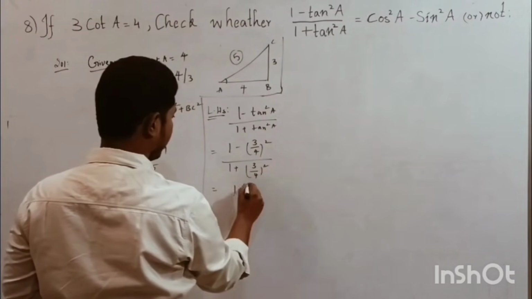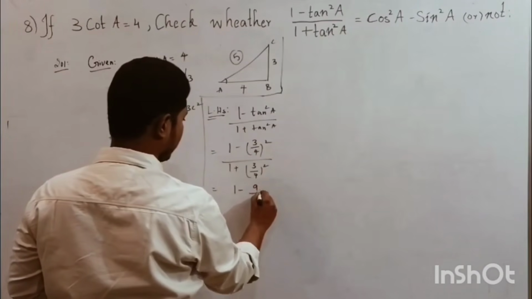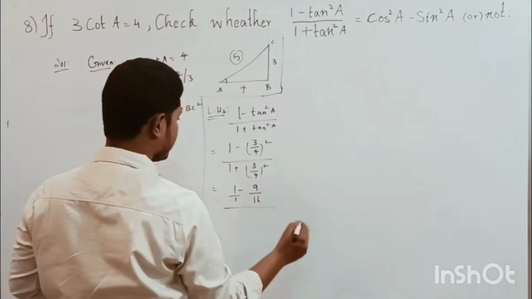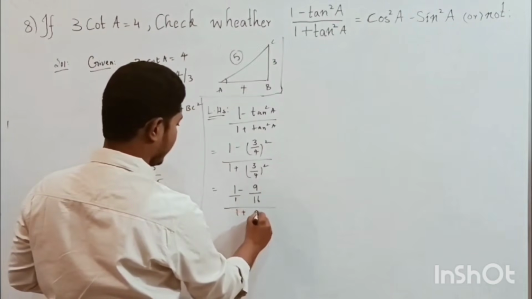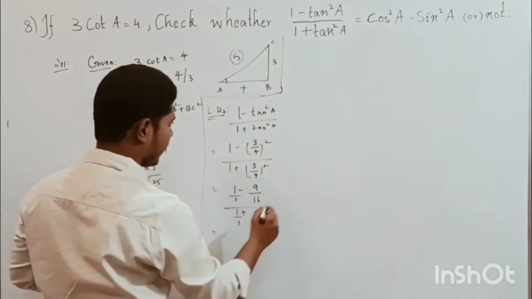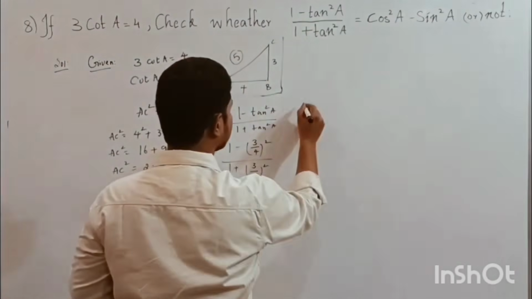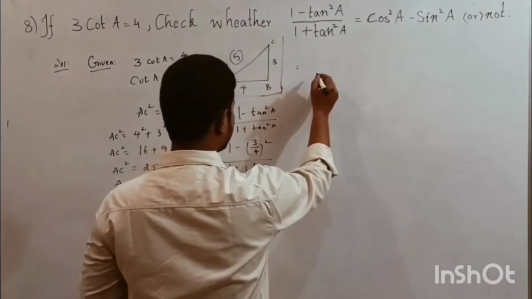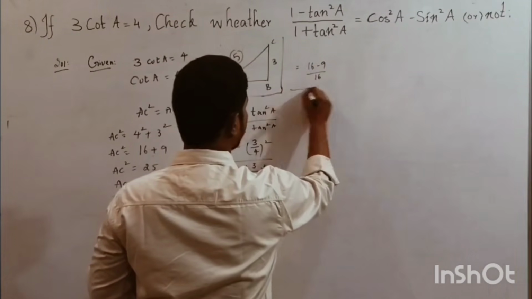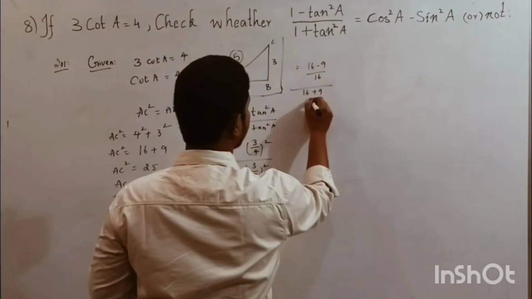Now 1 minus 3 square by 4 square, that is 9 by 16. We keep 1 here for our convenience to take the LCM. Then 1 plus 9 by 16. Then we can take the LCM. The LCM is 16. 16 minus 9 by 16, by 16 plus 9 by 16.